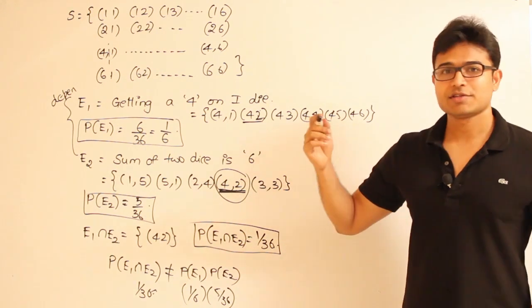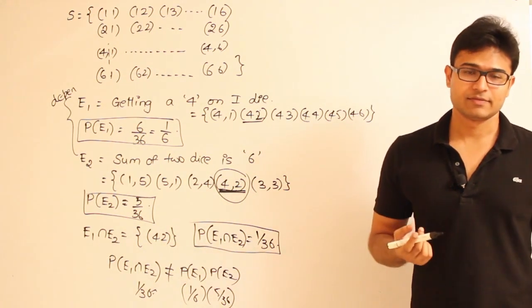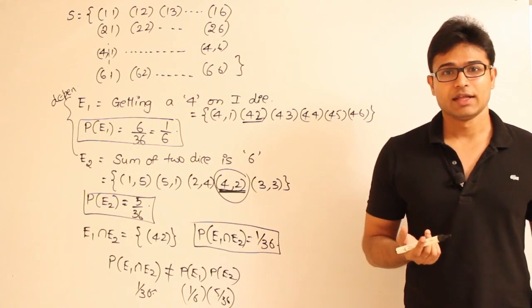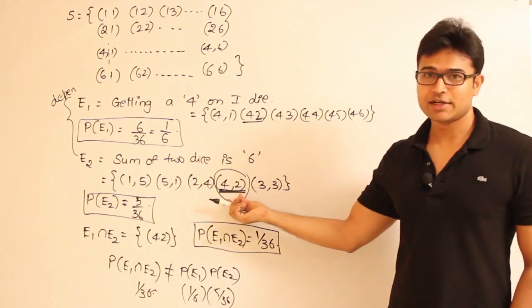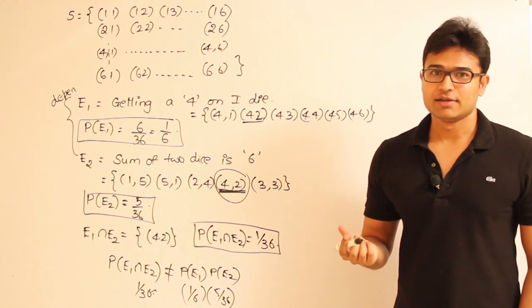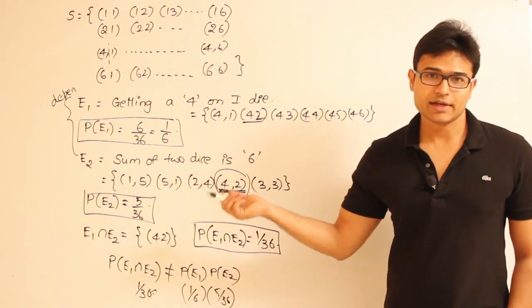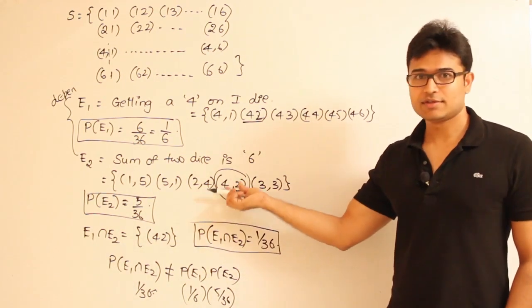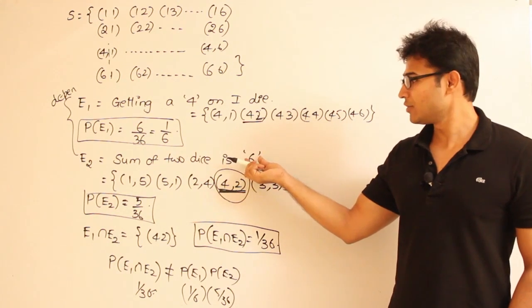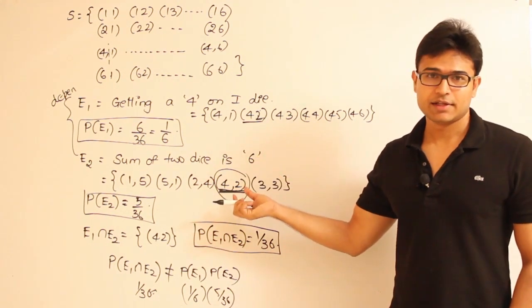In case the first die turned out to be 6, then you will never get a chance of getting a sum of 6, isn't it? See, now let us say you are just rolling the dice. Instead of 4, if a 6 has turned up, then what happens?